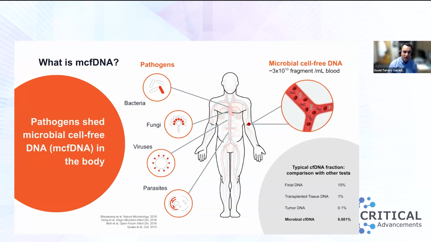Particularly, we are looking for DNA sequences in certain compartments of the body, primarily pathogenic organisms, but also sometimes commensals. As you can see, there is other cell-free DNA that can be detected by this technology: fetal DNA, transplanted tissue DNA, and it's also used in oncology.